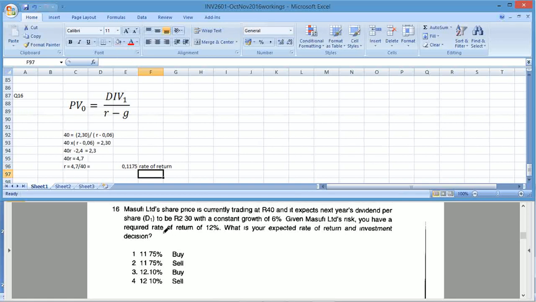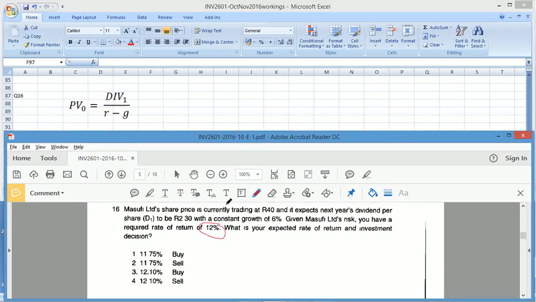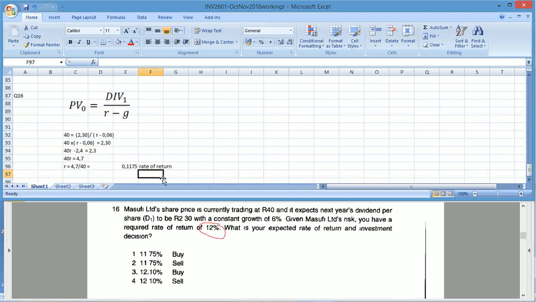You know that the required rate is 12%. You've got an expected rate of return of 11.75%. Your required is 12%, so you actually require more.